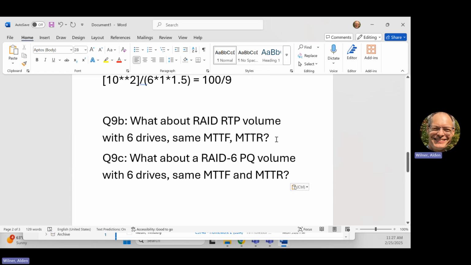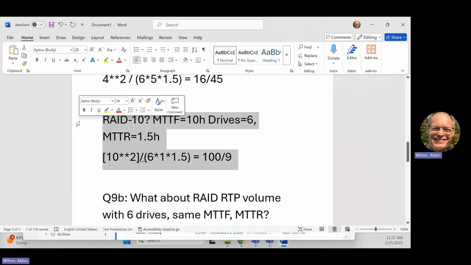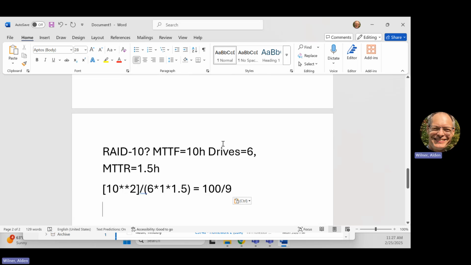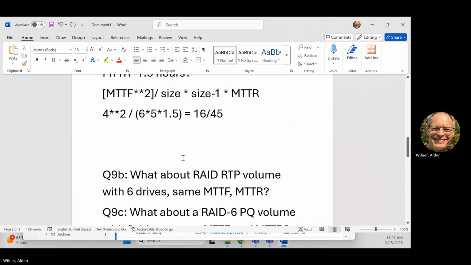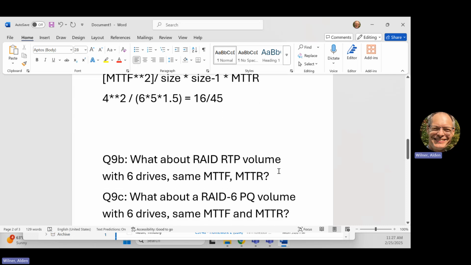RAID RTP volume with 6 drives. And again, let's go ahead and drop that down there where we don't get confused. So again, our MTTF is 4, our MTTR is 1.5. So RAID RTP can handle up to 3 drive failures without failing.